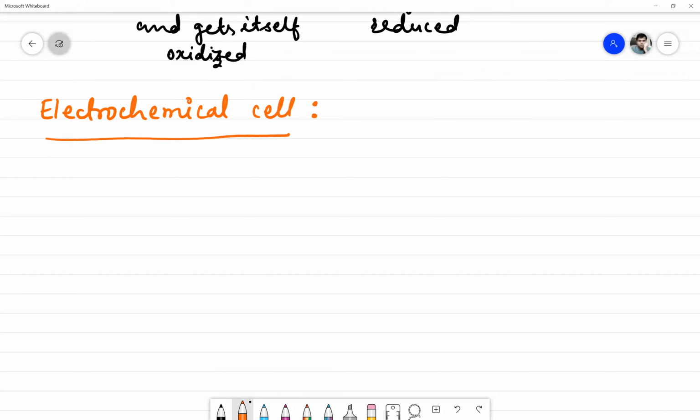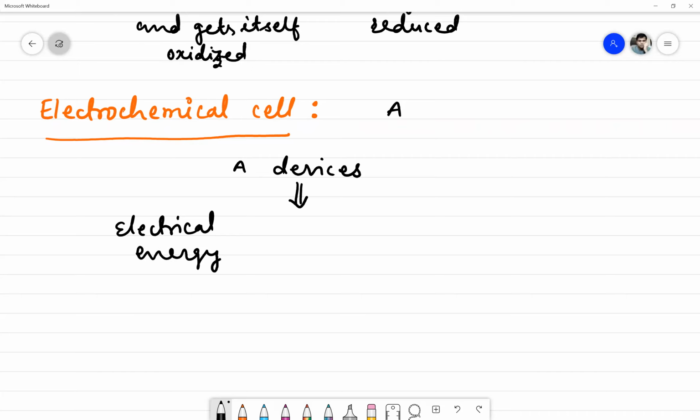An electrochemical cell is actually a device which converts electrical energy to chemical energy or chemical energy to electrical energy.